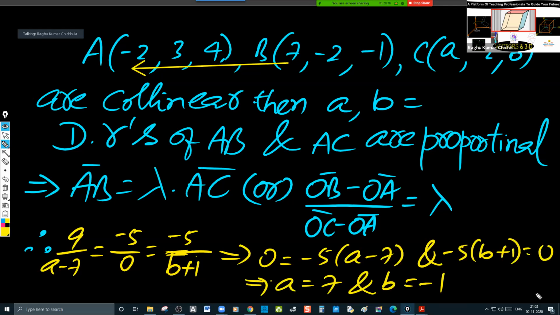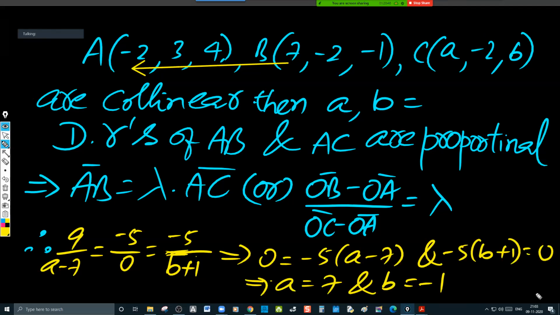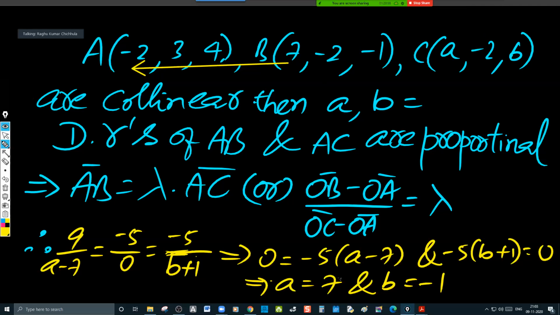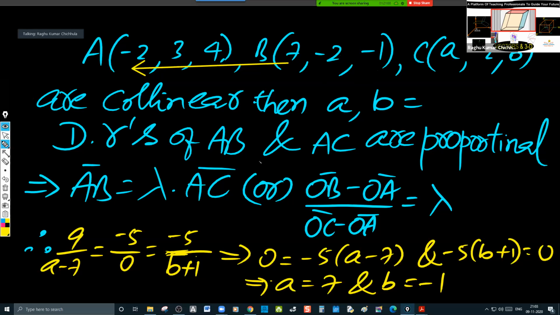Just check it out. That means you got the same points here because I formed the problem here. 7 minus 2 same and b minus 1 same. So the same answer we have got, but I have to change the point in such a way that you will not be getting 0 here.